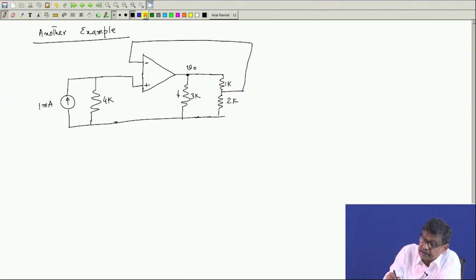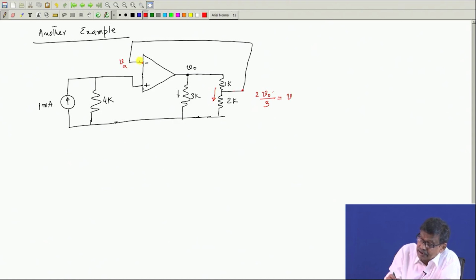Therefore, the current in this branch will be just a series thing, that is V naught by 3, if V is in volts and this is in kilo ohms, so much milliampere is flowing here, and the potential of this point will then be this current into 2, and this is the potential that is equal to V A. So, V A I have been able to calculate.